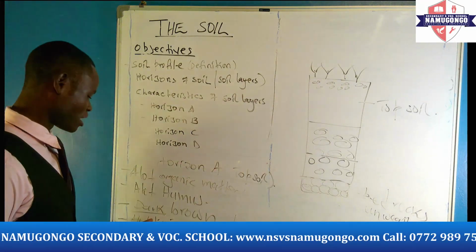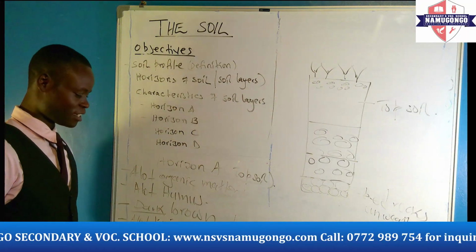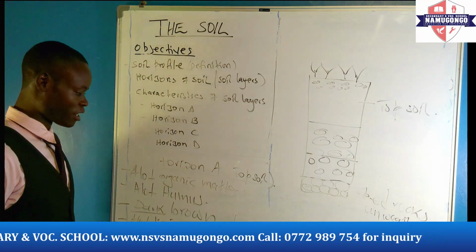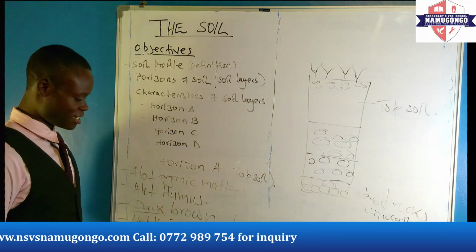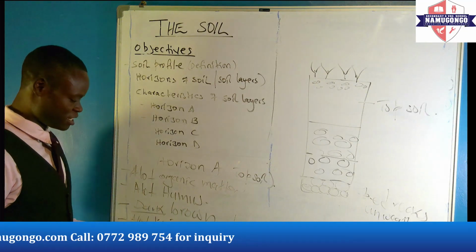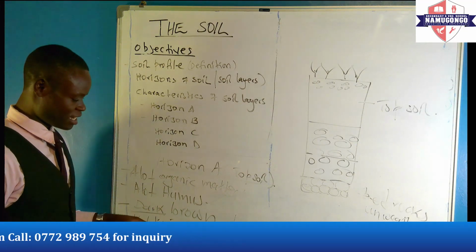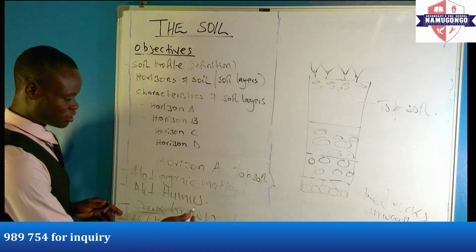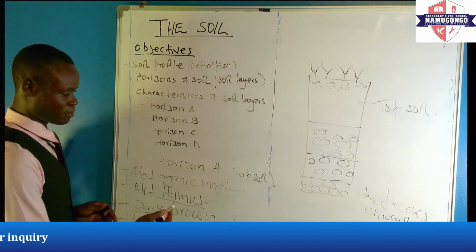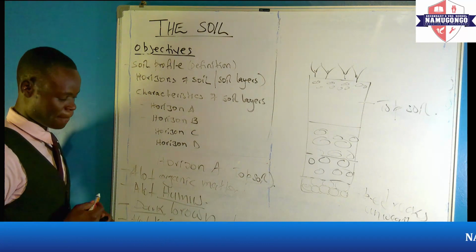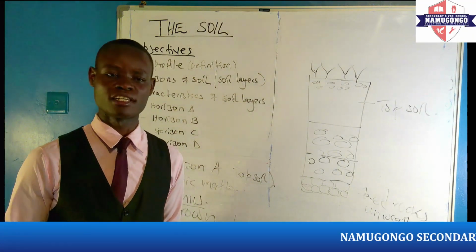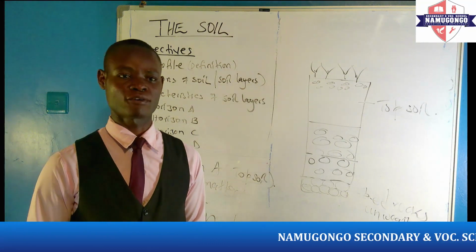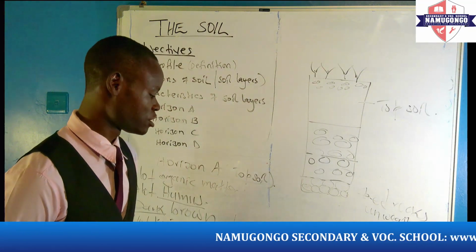The living organisms, micro and macroscopic, are the ones responsible for bringing about the decay of plants and animals. Why should we need living organisms there? The decay brings about formation of what? Humus, and also formation of organic matter, which has the nutrients required for proper plant growth.